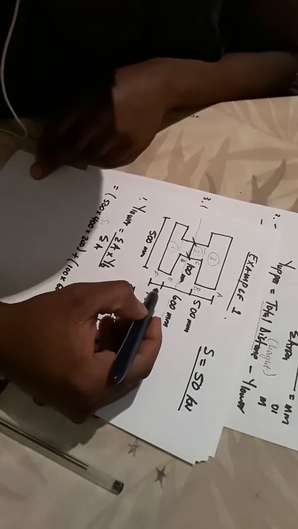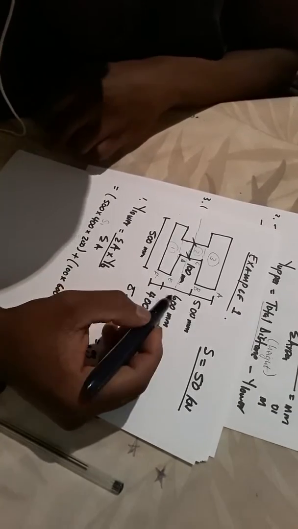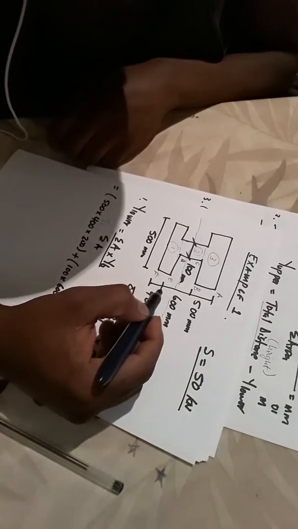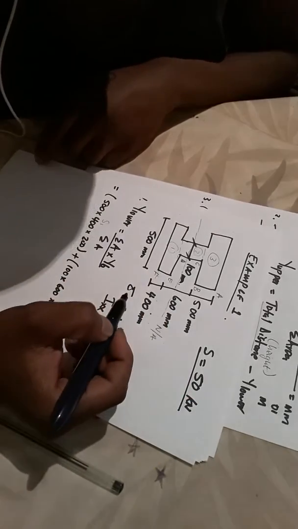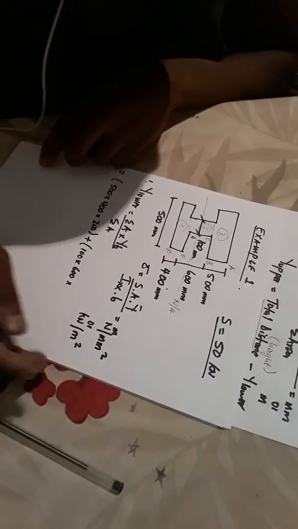So half of 600, which is 300, plus this 400. That will give us 700. That is shape 2.